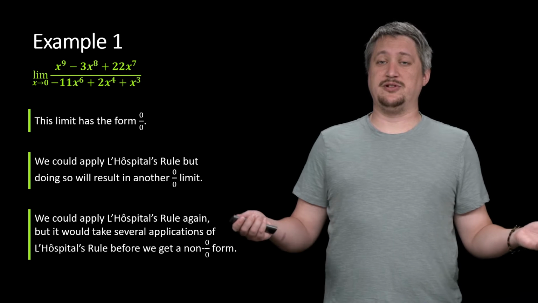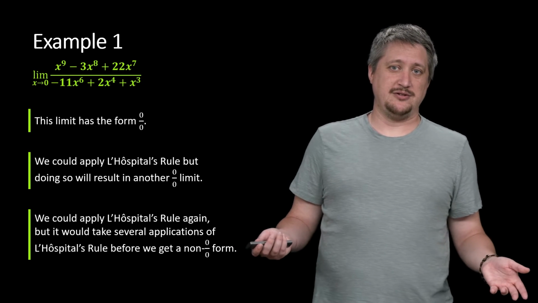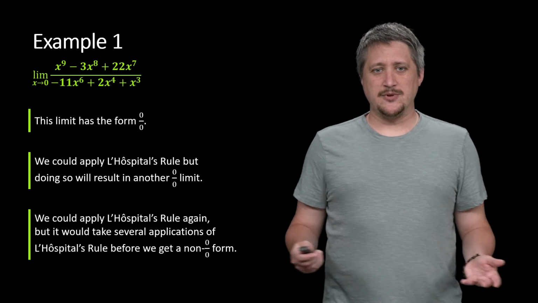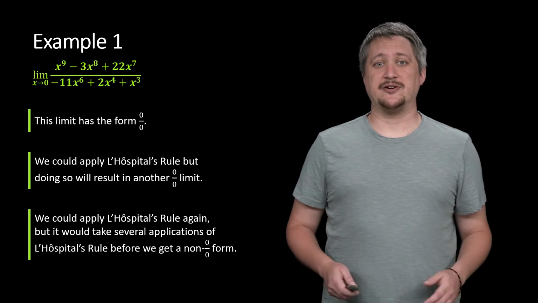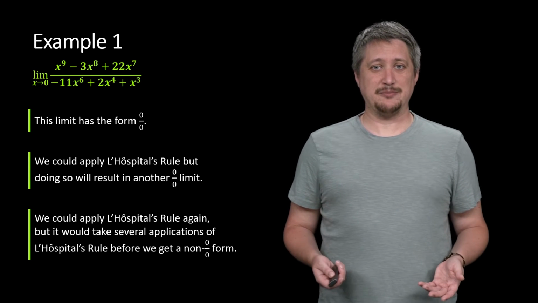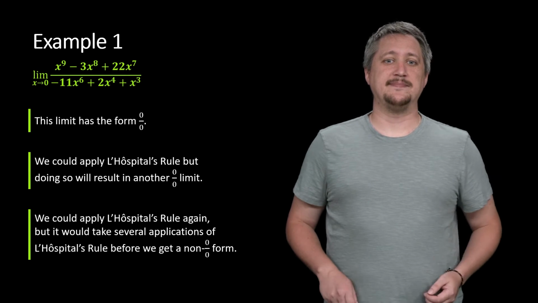I could just compute the limit straight up. The limit would be 0. I didn't have to do any derivatives. I didn't have to use L'Hopital's rule. All I had to do was cancel an x cubed factor. That would be much quicker and easier than applying L'Hopital's rule 3 or 4 times over.